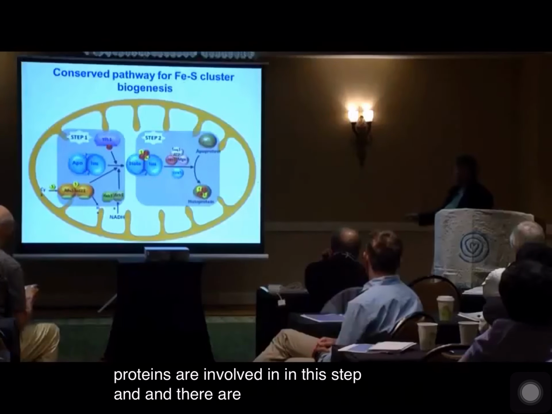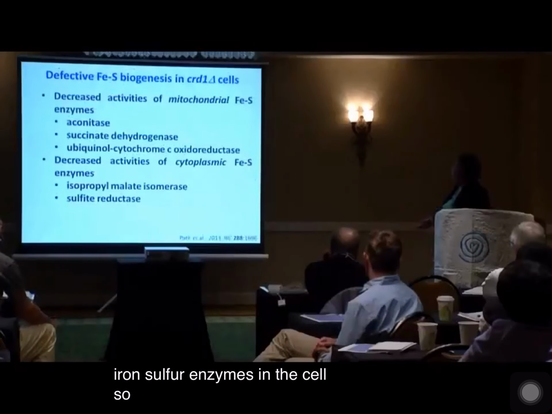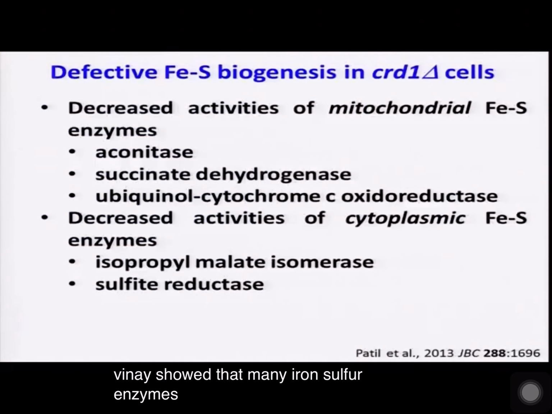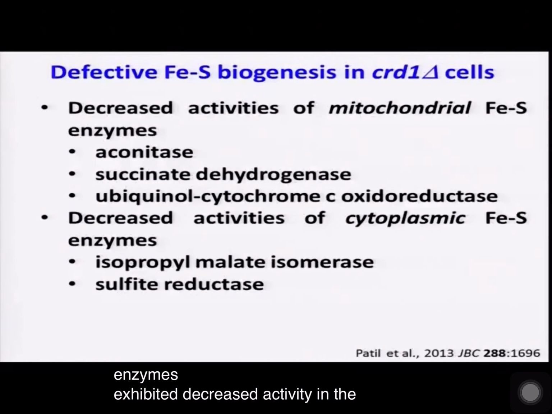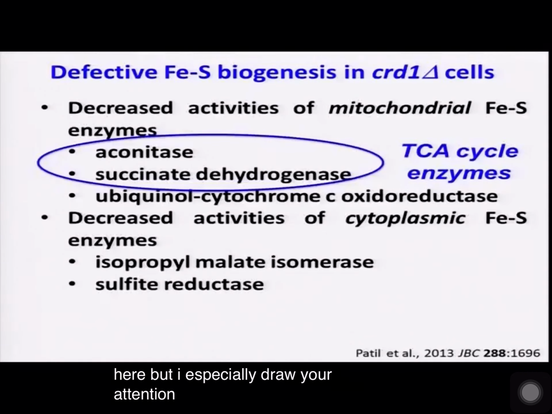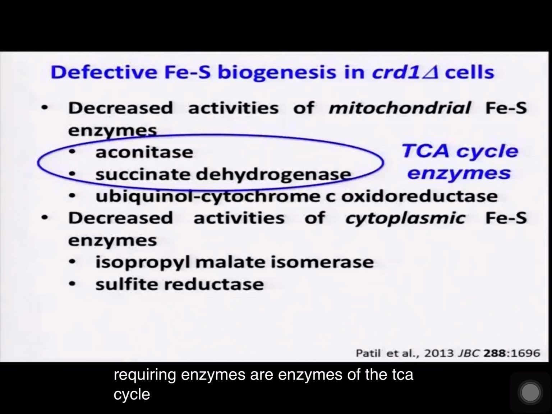And there are a number of iron-sulfur enzymes in the cell. So Vinay showed that many iron-sulfur enzymes exhibited decreased activity in the cardiolipin mutant, including the ones here, but I especially draw your attention to aconitase and succinate dehydrogenase. These iron-sulfur requiring enzymes are enzymes of the TCA cycle.